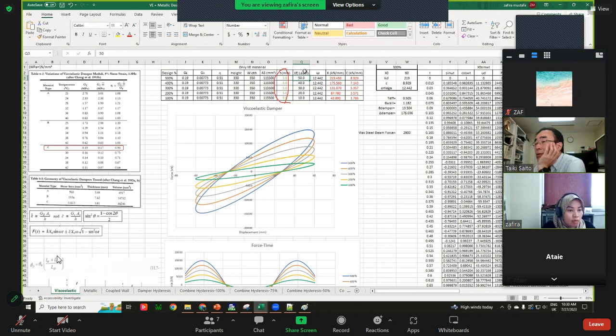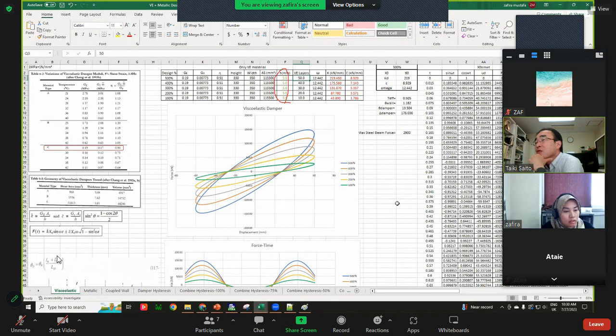And for example, this one has 50 layers. So 5 mm of viscoelastic plus 5 mm of steel plate is 10 mm. 10 mm times 50 layers, so 500 mm. Oh, okay.